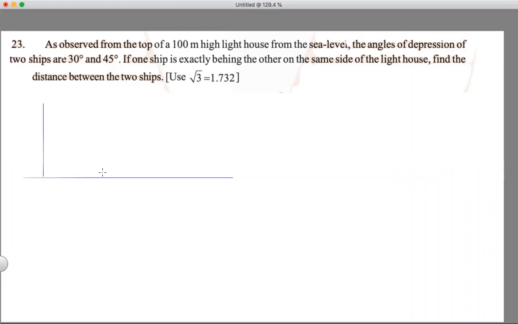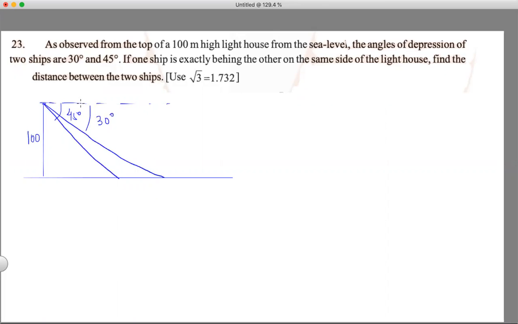situation. Okay, we are at the top of a 100-meter high lighthouse and we have angle of depression from here, one is this and one is this angle. So let's say this angle is 45 degrees and this angle is 30 degrees.